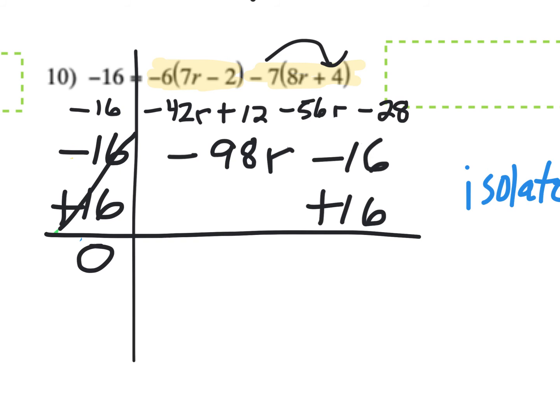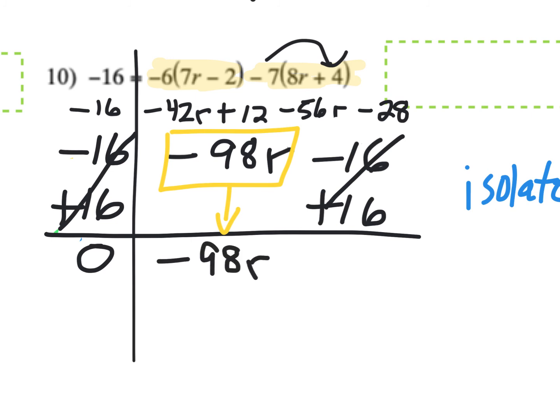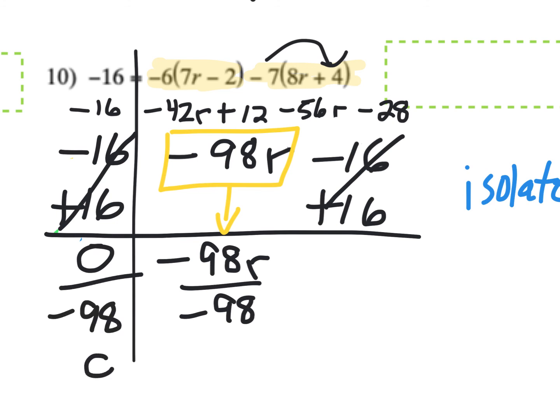You can't just ignore that side of the equation, so you got to actually write something there. But that cancels, but you don't need to write the 0 because you still have that negative 98 r that you can bring down. And finally, I'm going to divide both sides by negative 98. So I've got the solution 0 is equal to r.